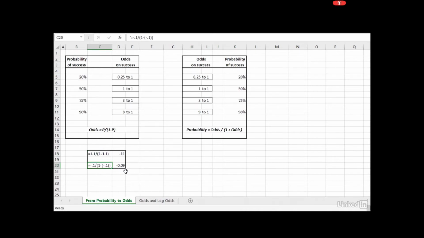Alternatively, if you specified that p is a negative value, let's say minus 0.1 or minus 10%, then the denominator is 1 minus 0.1. And the result of that ratio then is minus 0.09. So those are two ways that you can get a negative odds ratio, but they involve using probabilities that are not allowed.